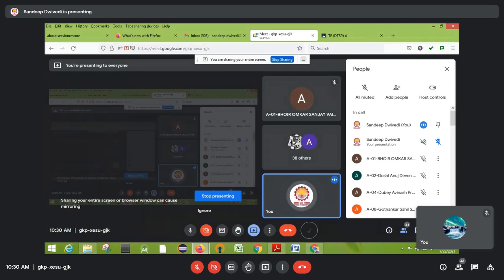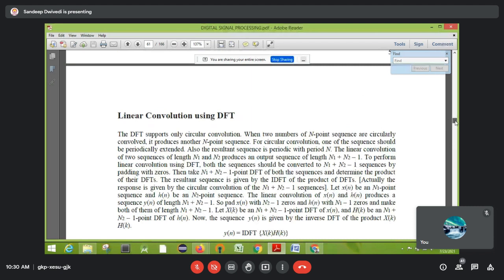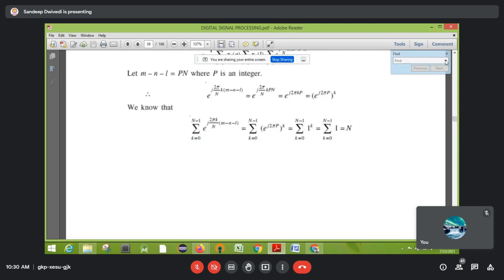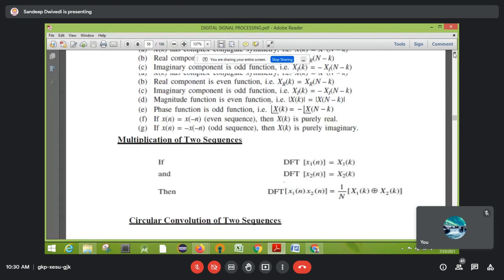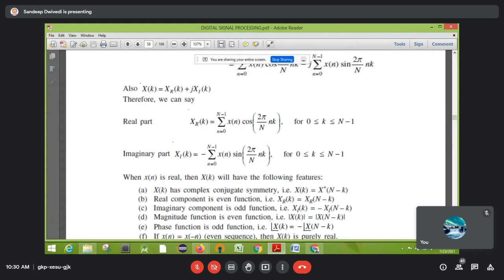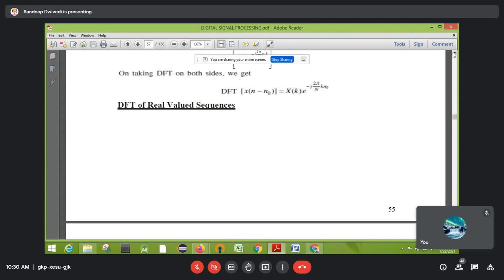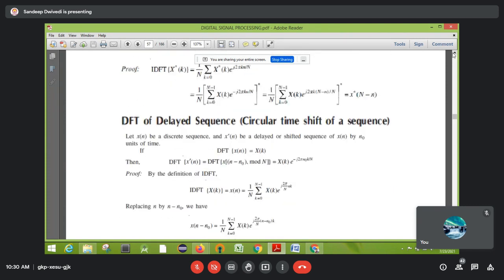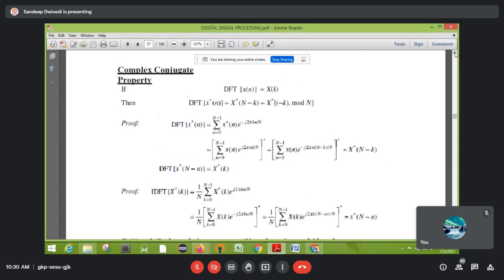Okay. So properties. So we start with the properties. See, as I told you in orientation, the proofs of properties they will not ask in examination. But I will take the proofs, quite faster. Previously I used to take properties one by one and solve them completely on the blackboard, and students took notes of that.